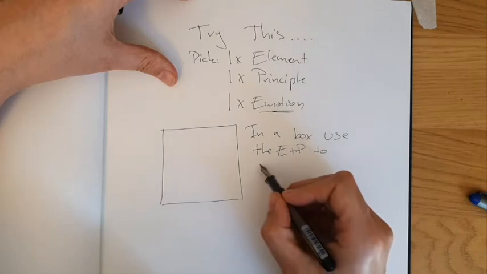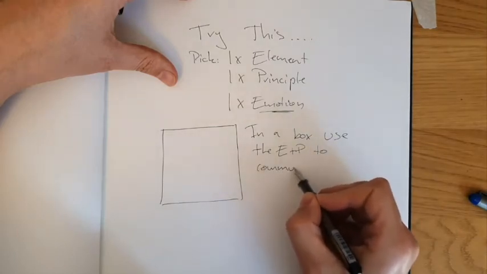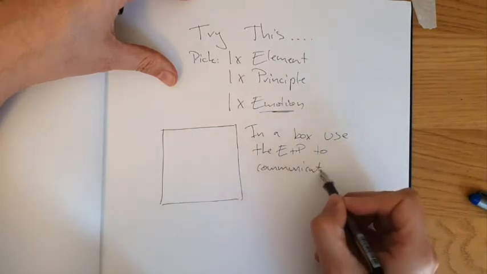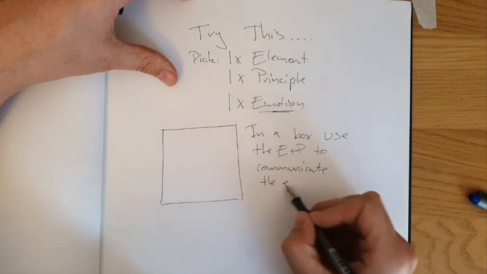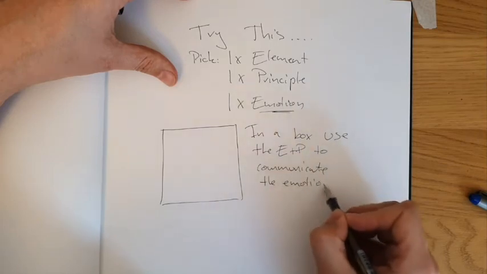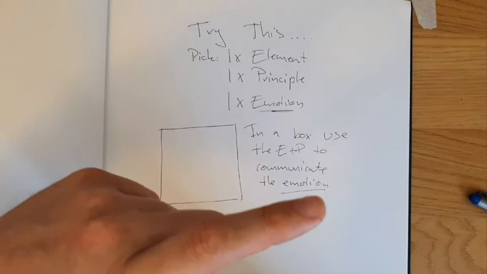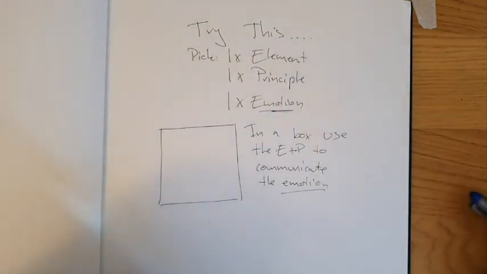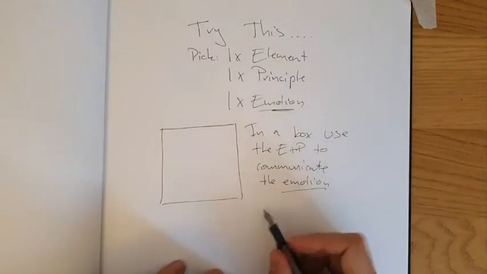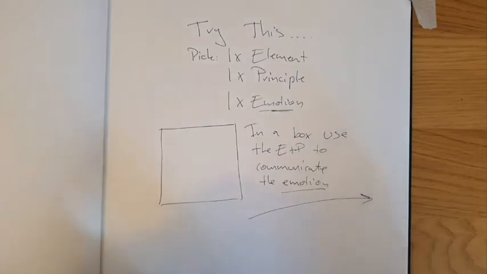So draw a box, doesn't have to be a box, but a box is an easy thing to draw. In the box, use your element and principle to communicate the emotion. Now this is visual language at its most basic. Let's check it out.